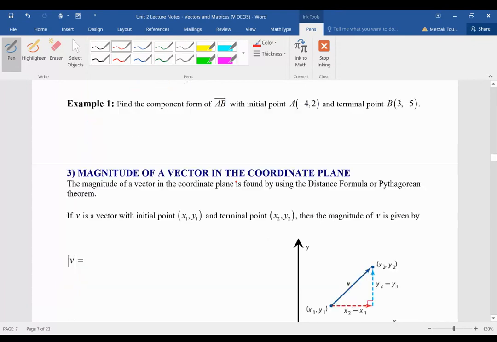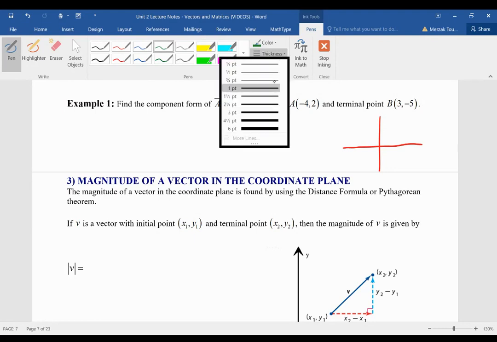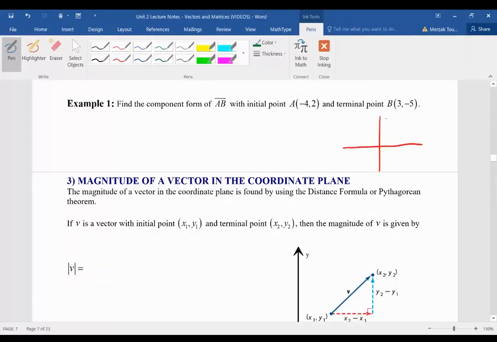Here's an example. Find the component form of vector AB with initial point A equals negative 4 comma 2 and terminal point B equals 3 comma negative 5. We don't need the graphical representation, but we can have an approximation of the points.